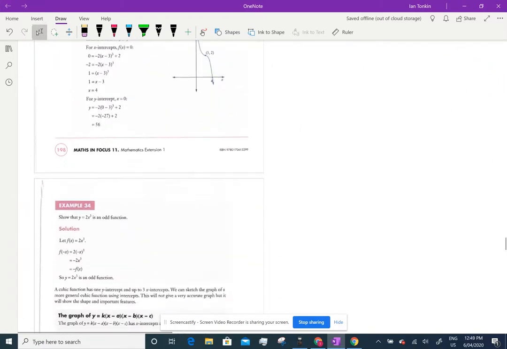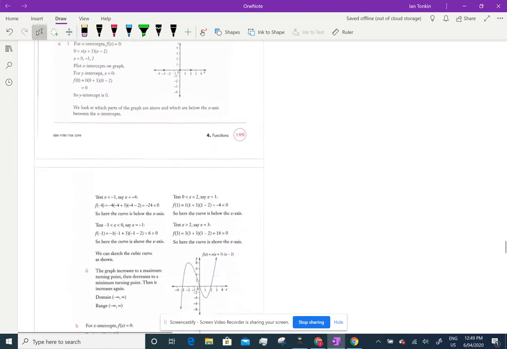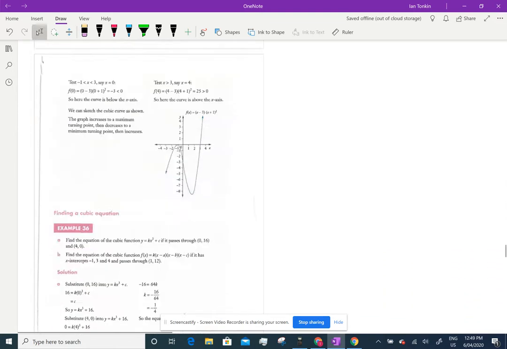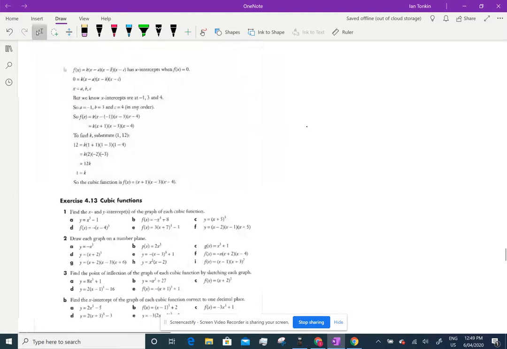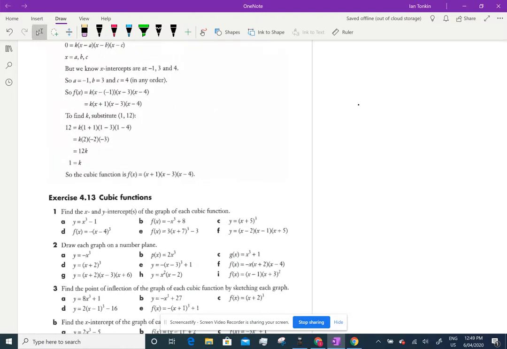So let's have a go at some of these. And first of all, X and Y intercepts. These are pretty easy. I'll do 1A and 1F. So 1A, y equals x cubed minus 1. When x equals 0, y equals 0 minus 1.